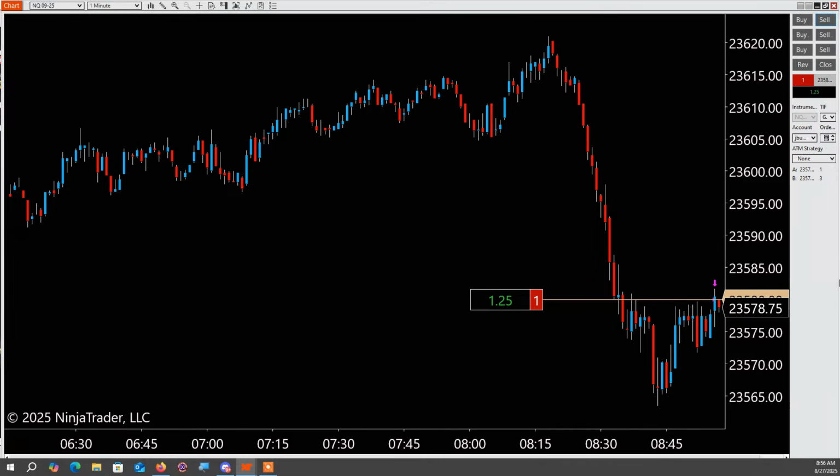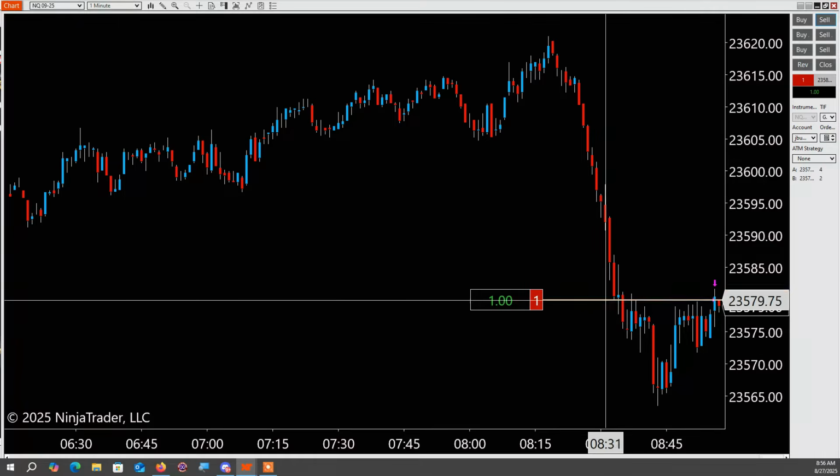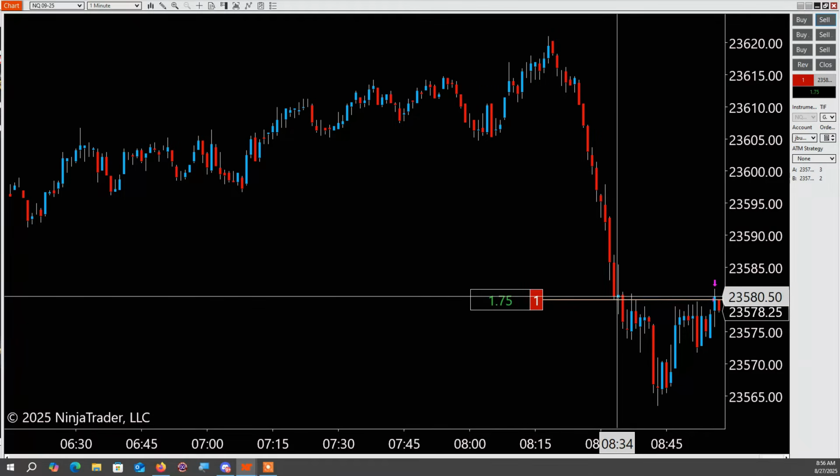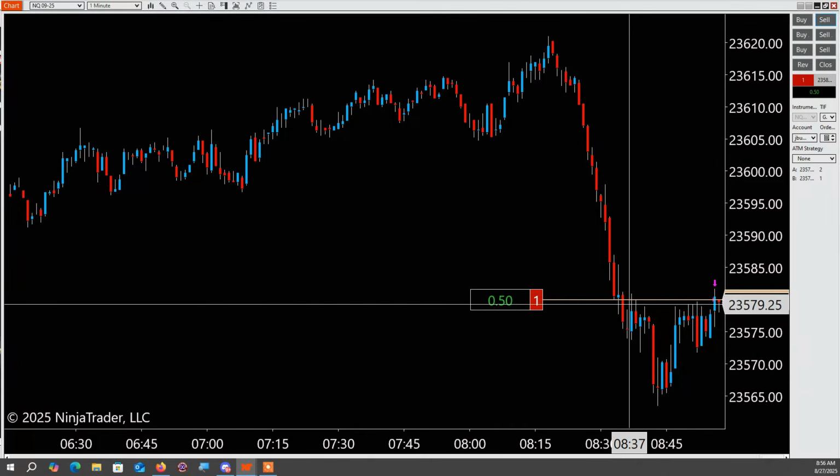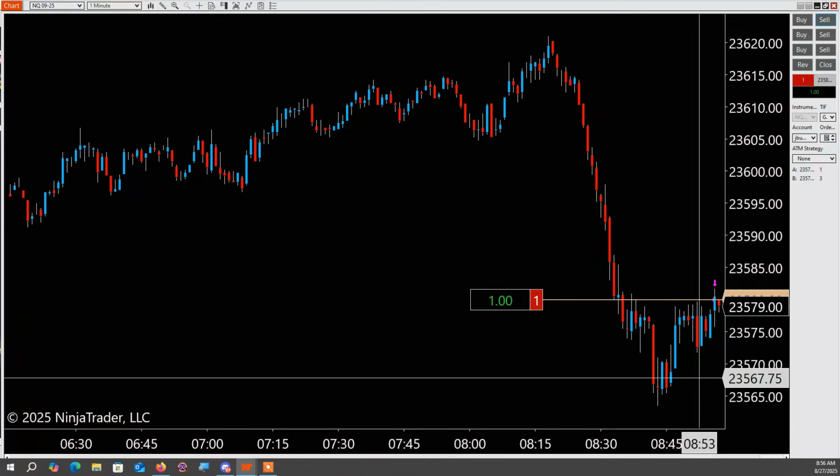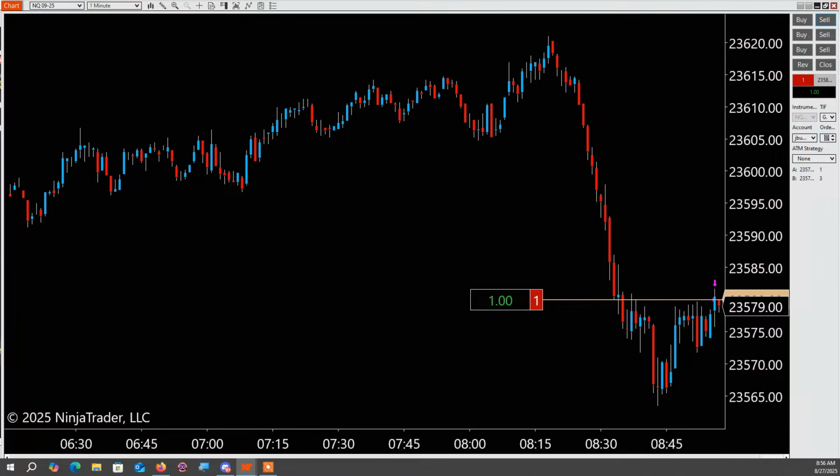So why am I taking a short here? Well, because price has trouble. Overall, I expect to move lower, and price is already having trouble getting through here. So this is just my first contract. If they can't make it to my ideal location, I'm going to just stay in this trade.